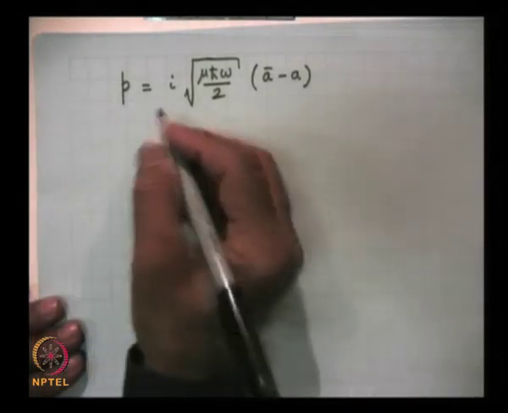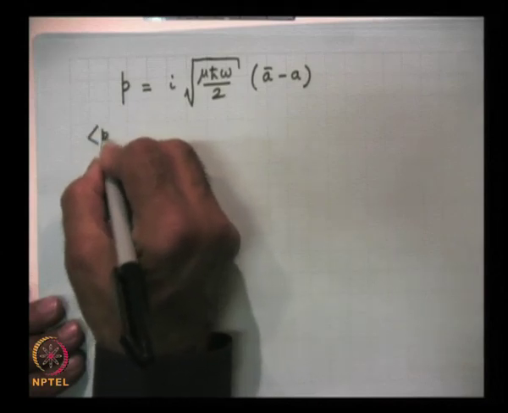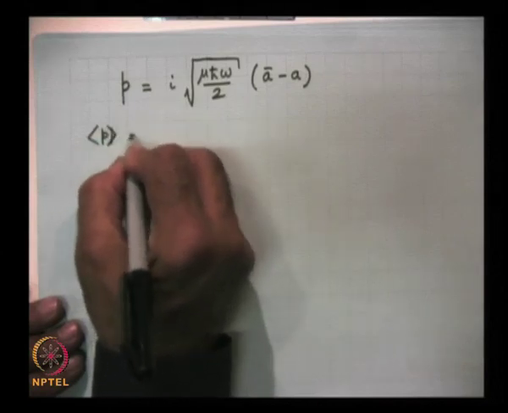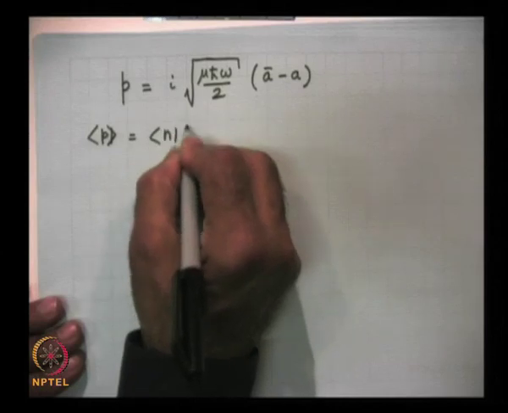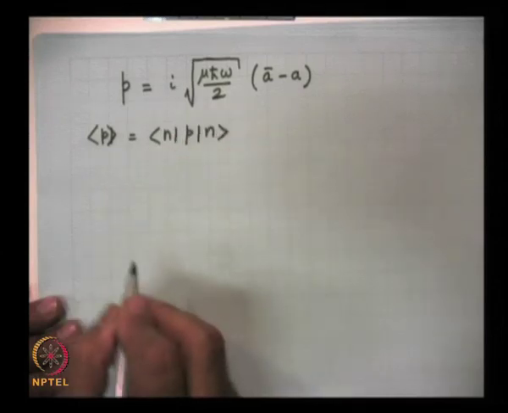Now, it is trivial, once we have done this, to calculate the expectation value of P and the expectation value of P square. So, you have the expectation value of P is equal to bra n, P, ket n.